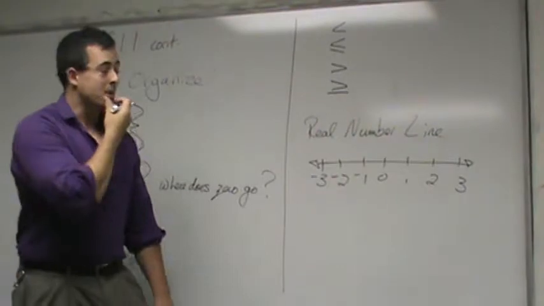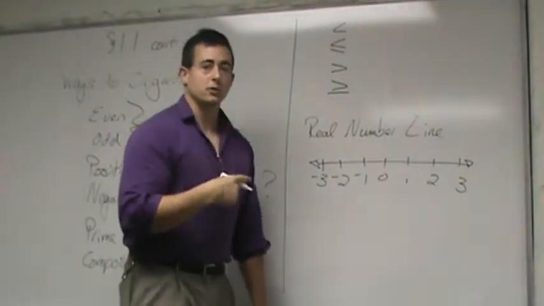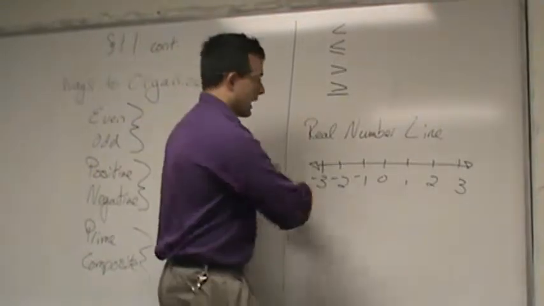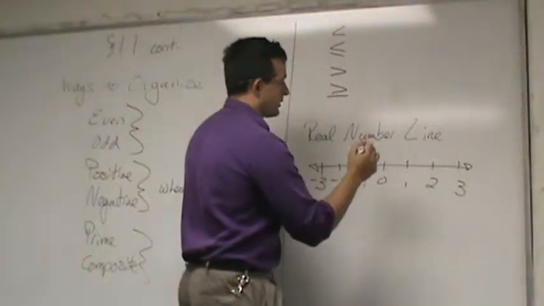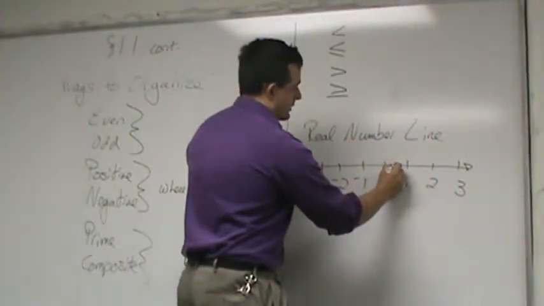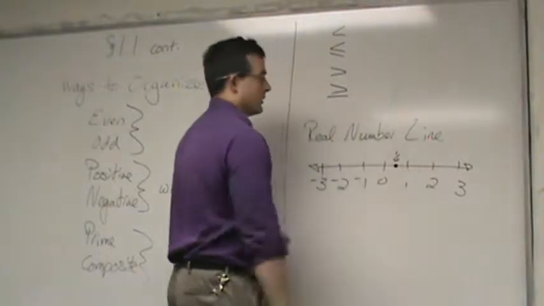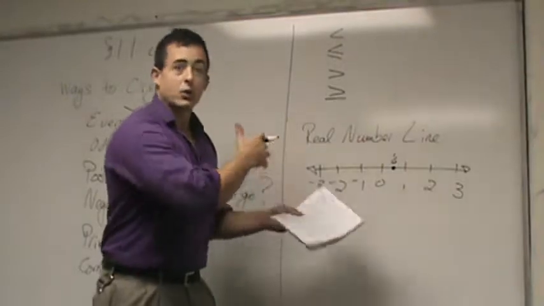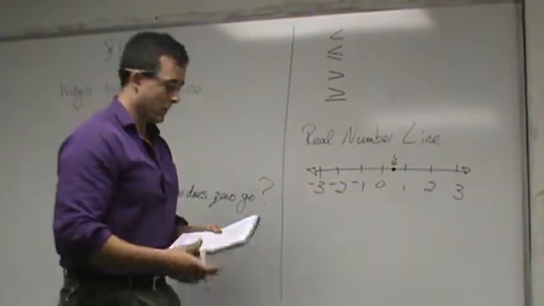Okay? Make sure that you also remember that on the real number line, you can list any real number. So if I was just writing this up here and I wanted to look at 1/2, I know that that point right there is where I would find 1/2, even if the number's not listed. I know I can place it on the real number line. Okay?